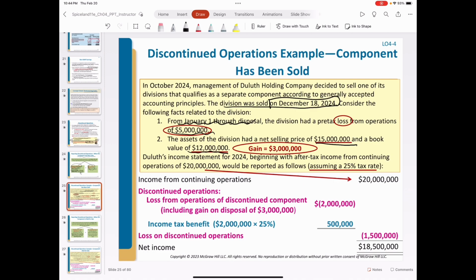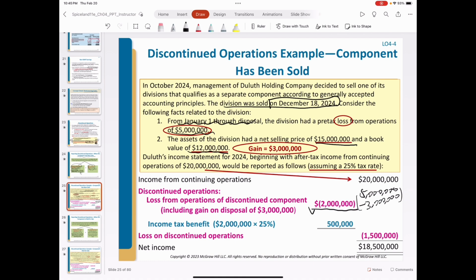So first, let's calculate the sum of these two. 5 million loss from operation, pre-tax. Subtract 3 million gains from sales of this division. So the difference is $2 million total loss from discontinuing this division.